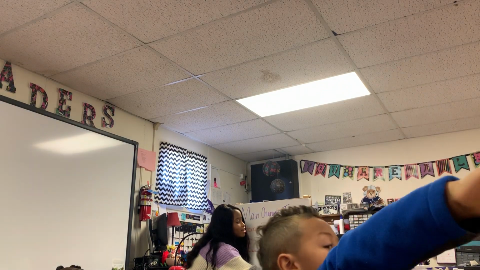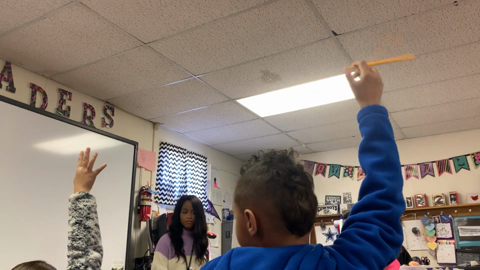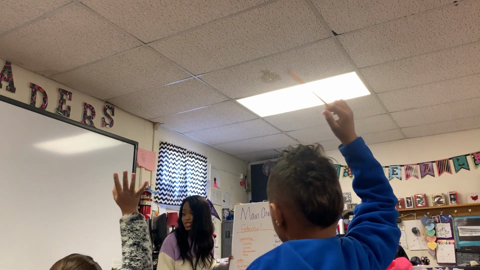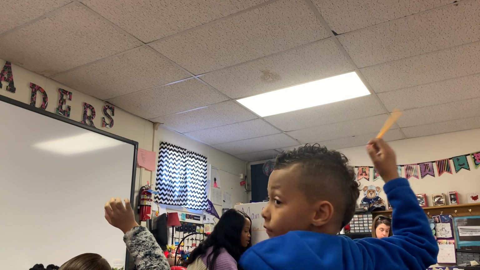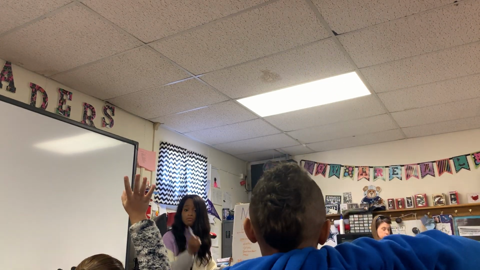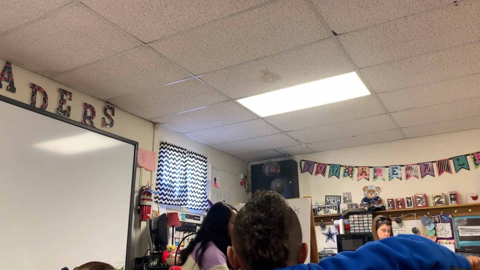And what feelings could a character have if they were kind? Skylar. Nice feelings? Okay. Joy. That's a good one. Joy, and that's my mommy's name. That's your mom's name? Cam. Happy? They could be happy.